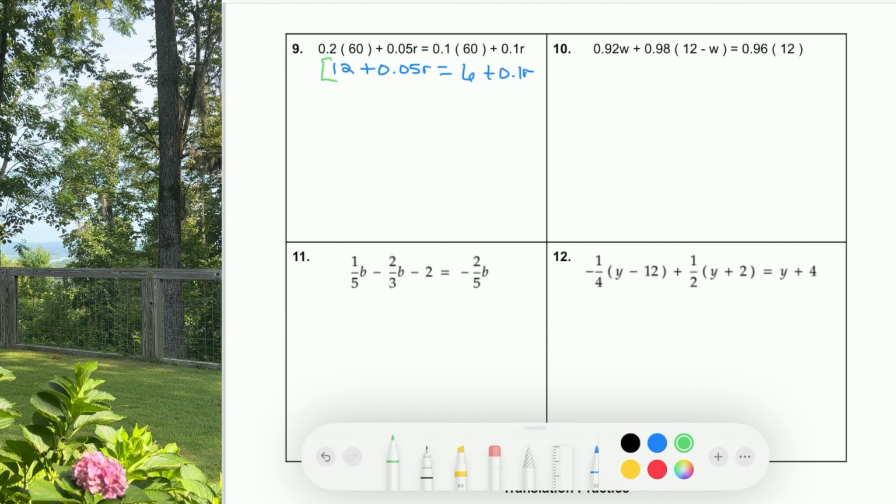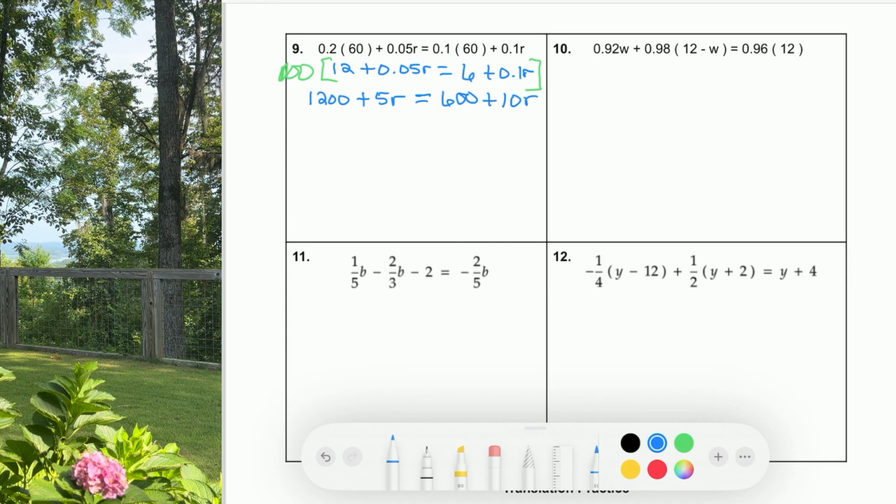So I'm going to multiply this whole thing by 100. Okay. So 100 times 12 is 1200. 100 times 0.05 is just 5. So we have plus 5r. 6 times 100 is 600. And then 100 times 0.1r gives us 10r.